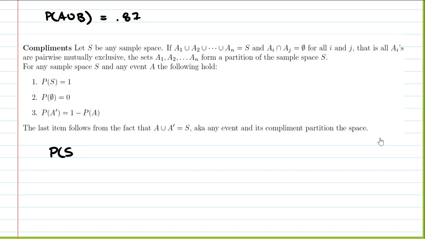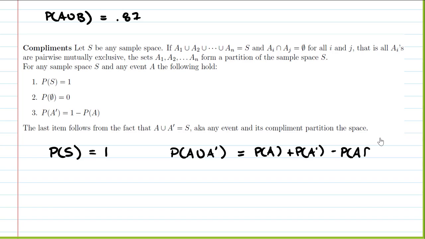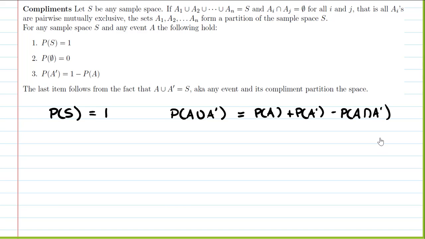Using property 1, we have the probability of any event happening is 1. And we also know that the probability of A or A complement has to equal the probability of A plus the probability of A complement minus the probability of A and A complement.